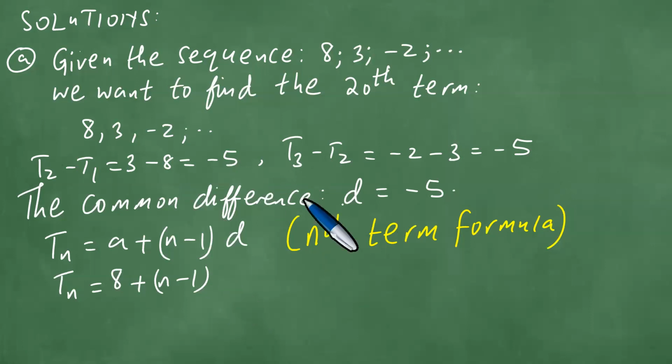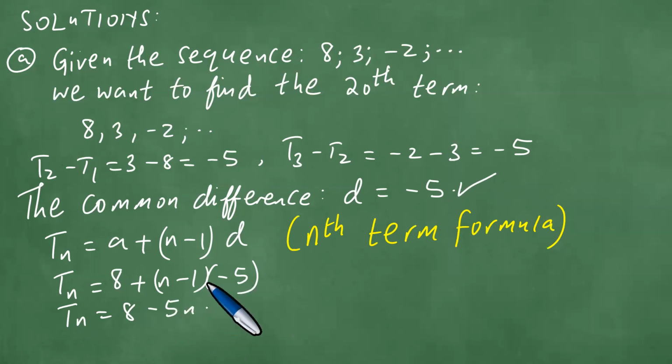The common difference we've already got is minus 5. So we have 8 plus n minus 1 multiplied by minus 5, and you distribute. Minus 5 times n is minus 5n. Minus 5 times minus 1 is plus 5. What is 8 plus 5? It is 13 minus 5n.